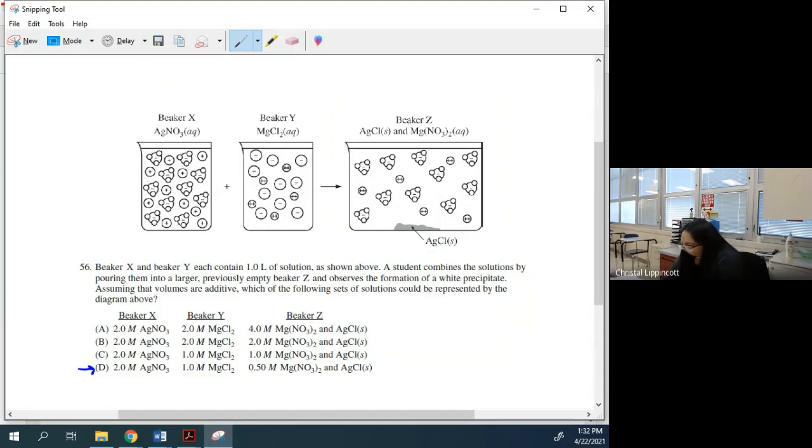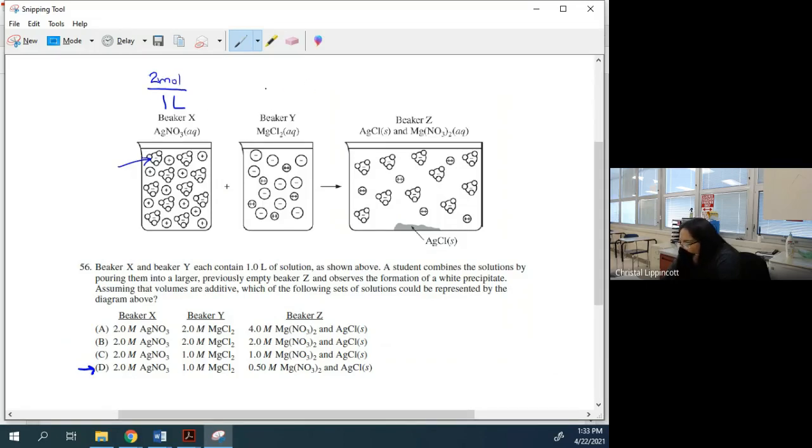We also need to figure out our molarity. They told us that this was 1 liter here. If we count these guys, 1, 2, 3, 4, 5, 6, 7, 8, 9, 10, I've got 10 of these, and this is going to be 2 molar. We know it's 2 molar because every option here says 2 molar. So if I've got 10 here, and that's 2 molar, that means I've got 2 moles in 1 liter.